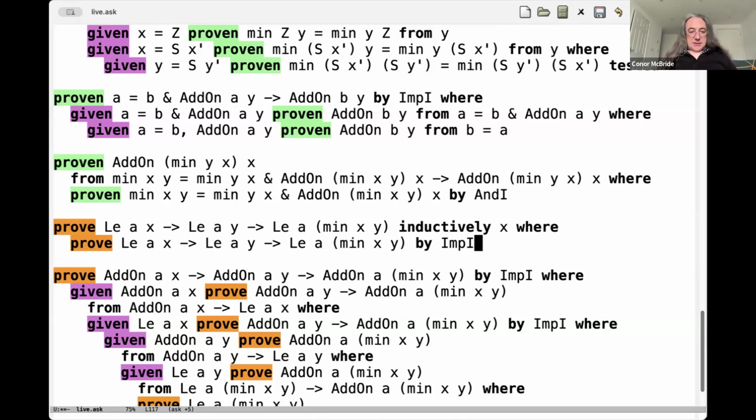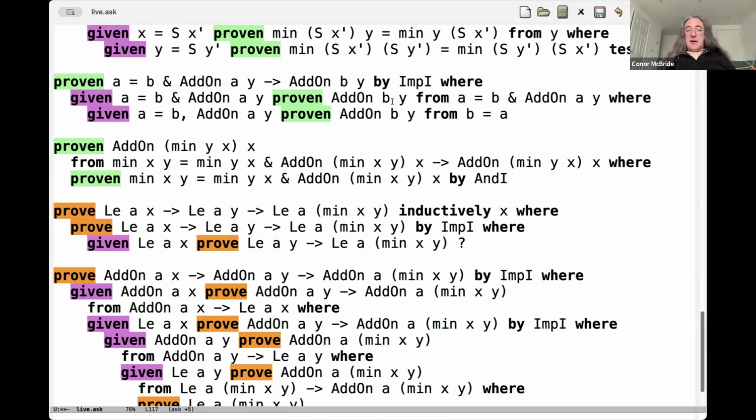Right, and fine. Okay, and now I've got something I can extract juice from, namely this thing.